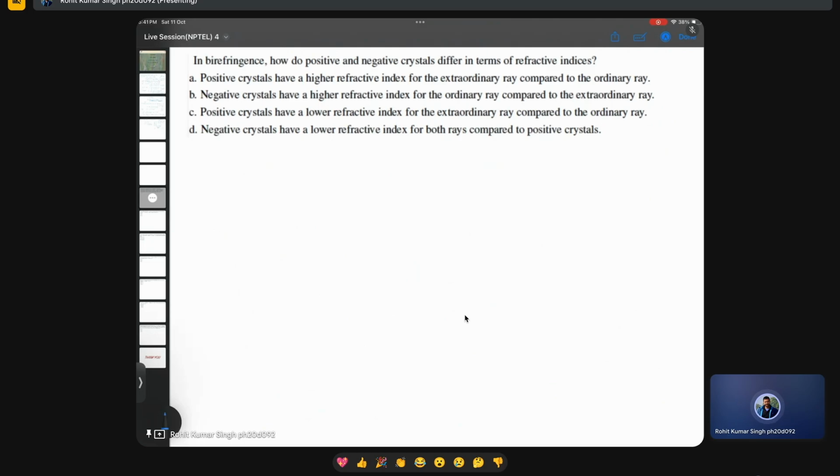In birefringence, how do positive and negative crystals differ in terms of refractive indices? This we discussed, right? Which is the correct option? We had positive and negative crystals, remember?